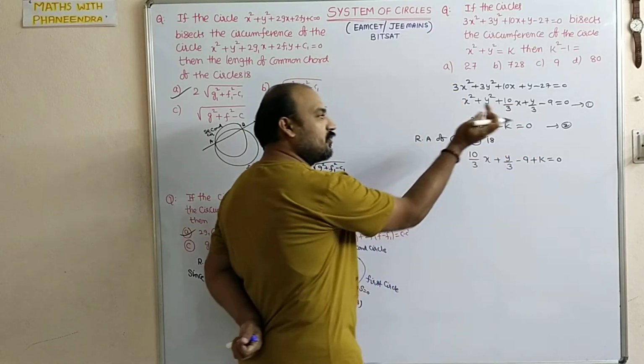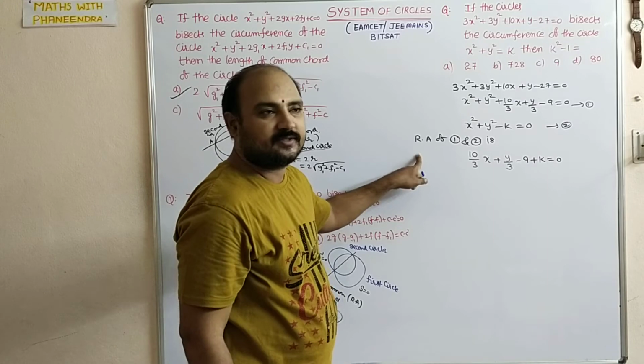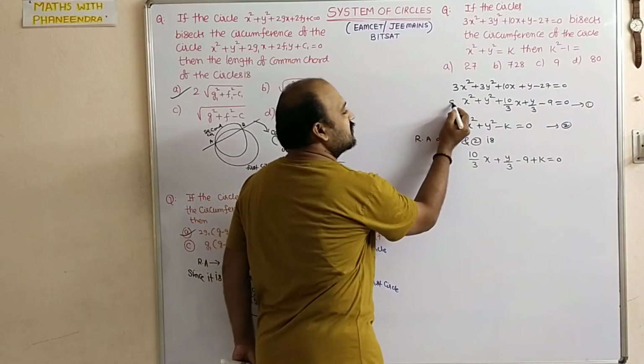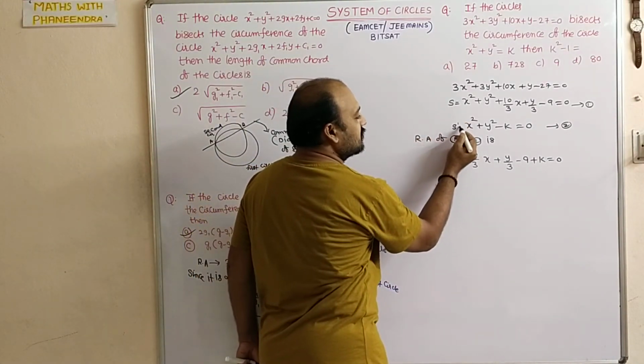One equation subtracted from another equation is called the radical axis. S minus S dash, this is S, this is S dash.